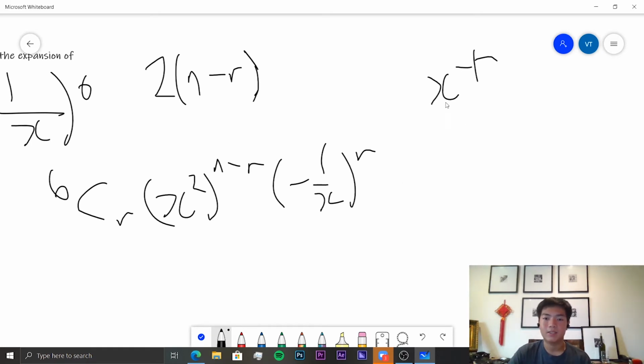So this would have the power of x to the negative r. So 2 times n minus r is equal to 6, because that's the power we need.